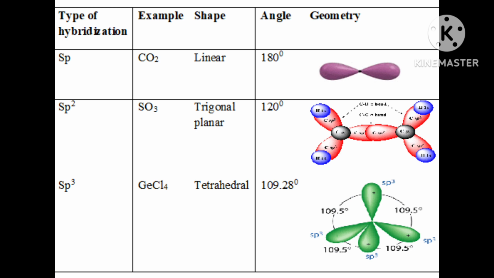And when sp2 is there, then total 3 points, 3 orbitals. sp2 means 3 orbitals, and 3 orbitals means just like a triangle. Hence its answer is sp2 hybridized carbon, and the shape is trigonal planar.